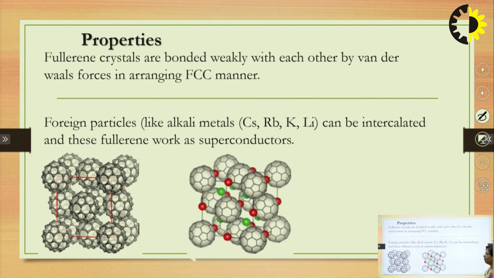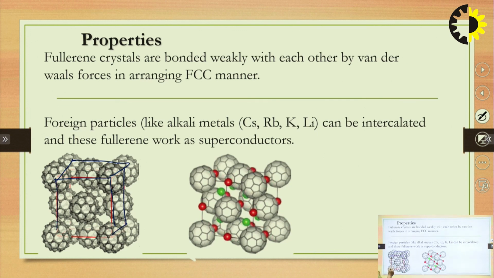Other properties: when it is mixed with alkali metals, specifically rubidium, cesium, sodium, potassium and lithium, this is an FCC kind of structure, a face-centered cubic structure. There is an atom at the corner and another atom on the faces.